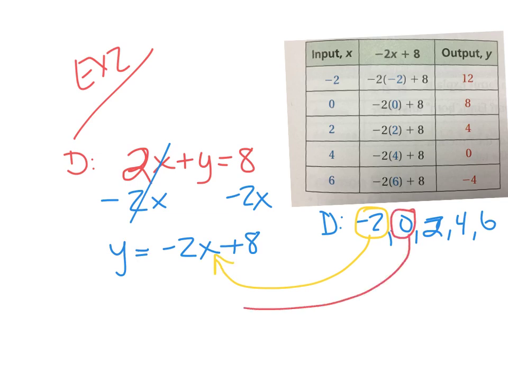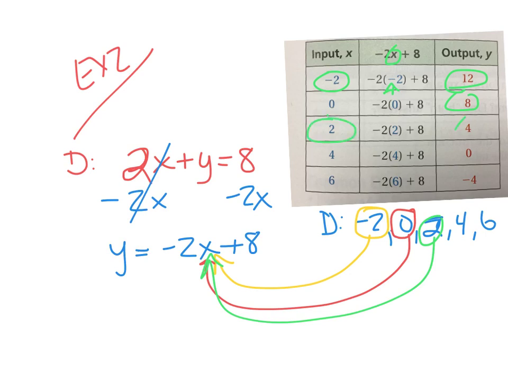So I do the 0, plug it where the x is, I do the 2, I plug it where the x is, and so on. They've created a table to show the work that you would do. So you see my input at -2. When I plug it in where the x is, my output is 12.